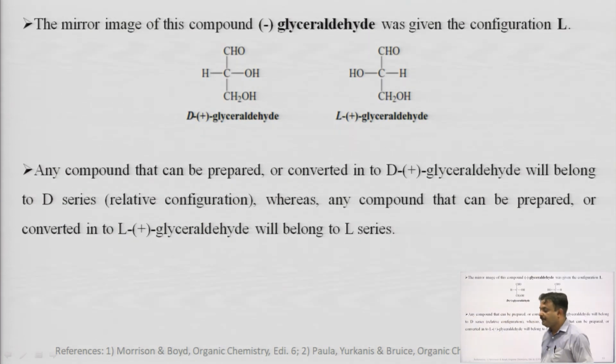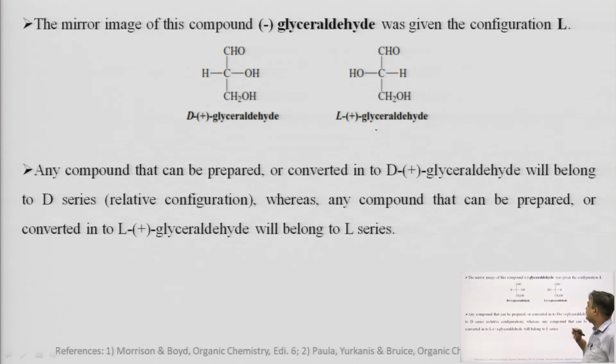Here you can see, if the OH group is on the right side, that is known as D glyceraldehyde. The plus sign denotes the optical rotation caused by D glyceraldehyde, meaning this molecule rotates the plane polarized light to the right. The second isomer is L glyceraldehyde.